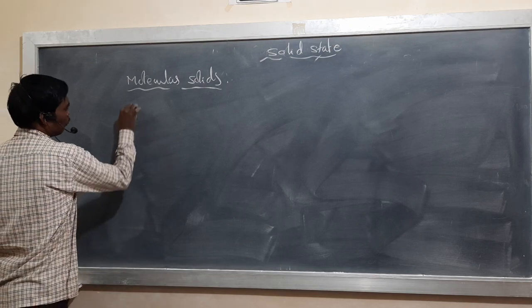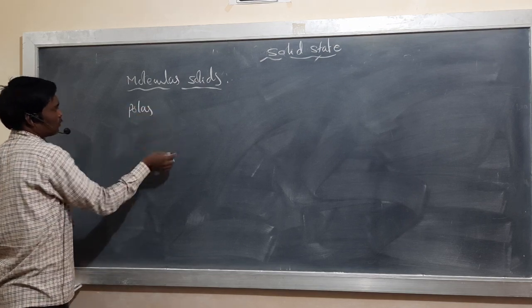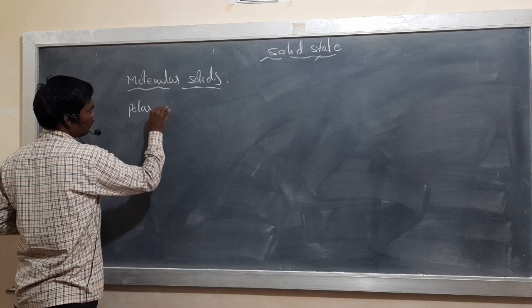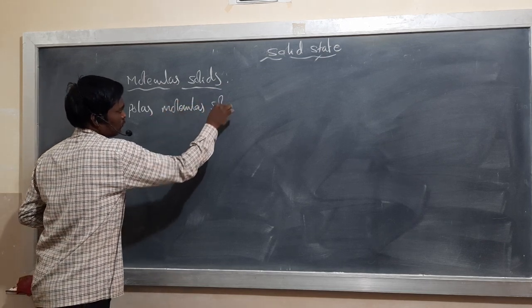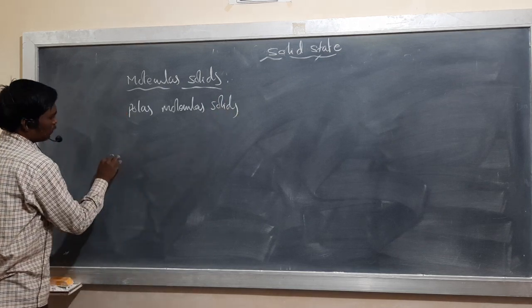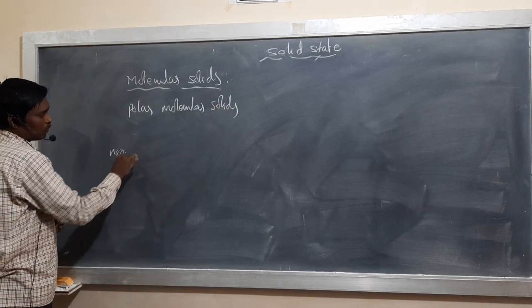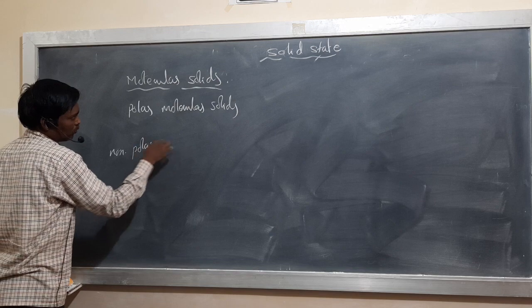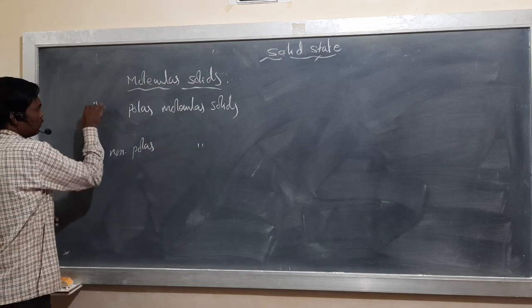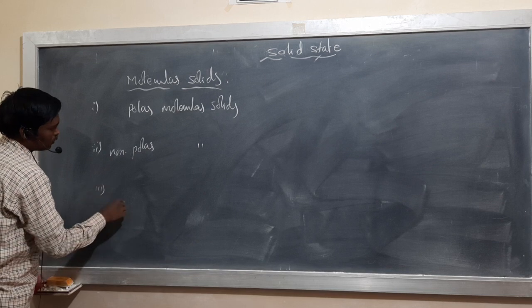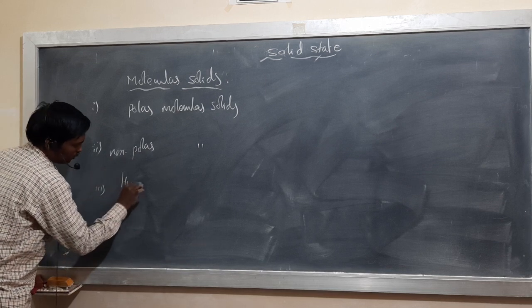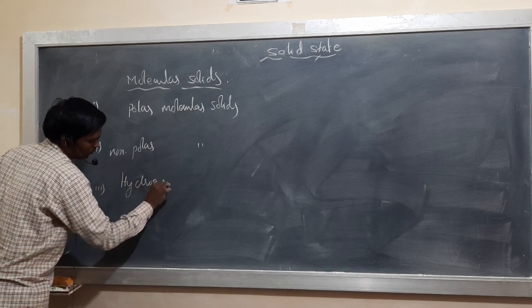One is polar molecular solids. The second one is non-polar molecular solids. And the third one is hydrogen bonded molecular solids.